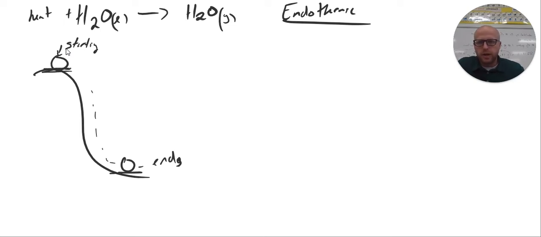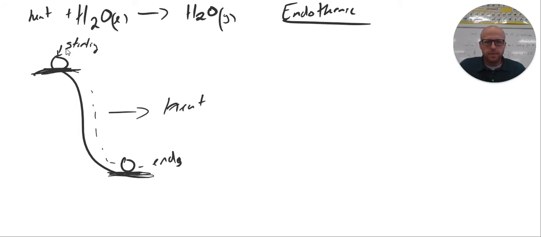So when it dropped down, its energy wasn't destroyed, it was transferred to kinetic energy, and there's some friction, stuff like that. Well, the same thing happens with reactions. When a reaction is exothermic, the reactants start at a higher potential energy than the products end at, and as they go down, the heat or the energy leaves the system as heat.